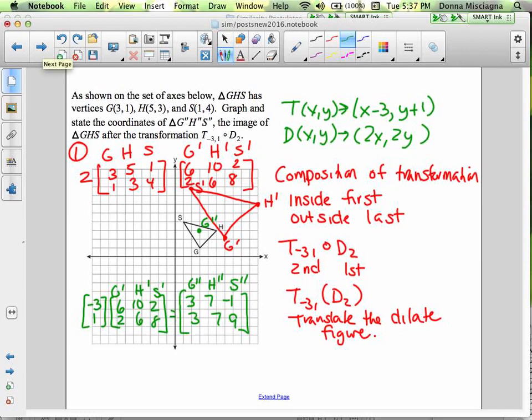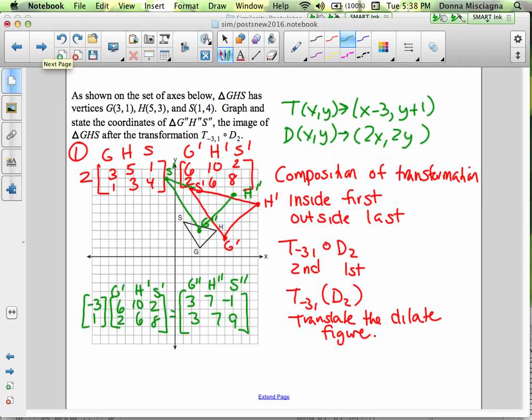So let's see, 3, 4, 5, 6, 7, 1, 2, 3, 4, 5, 6, 7. There is H double prime. And then S is at -1, 1, 2, 3, 4, 5, 6, 7, 8, 9. So S double prime. So now we'll connect. And there we go. All right?